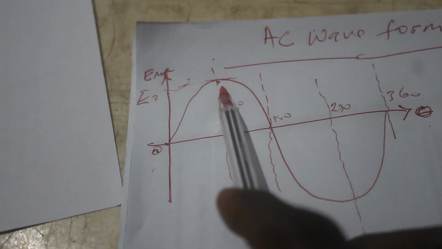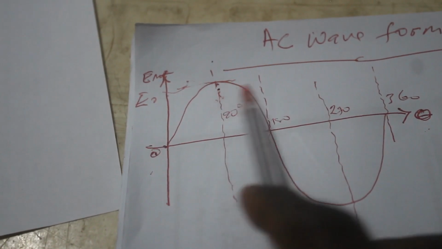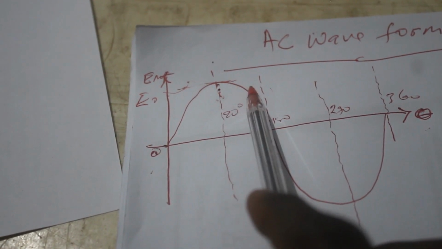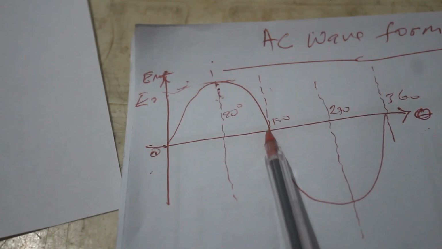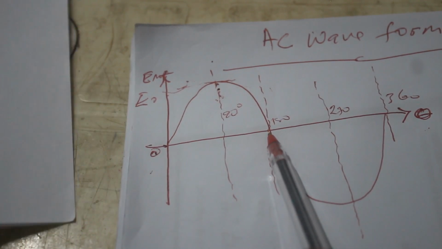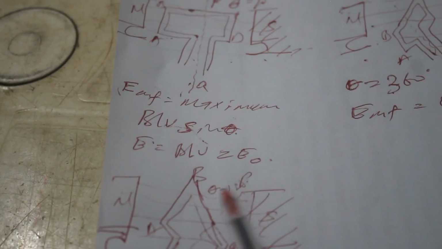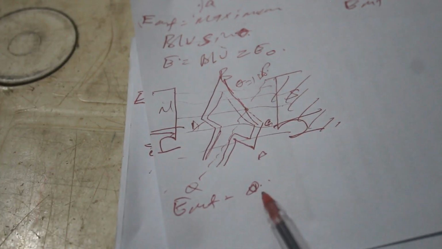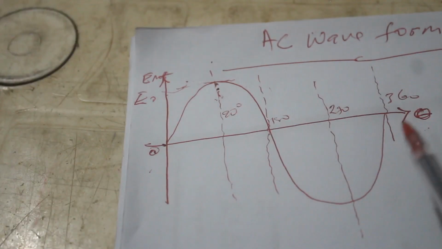And then as you continue to move from the phase angle 90 degrees to about 180, it begins to decrease until it finally comes to 0 at 180 degrees. Minimum again. When theta is 180 degrees, EMF is 0 volts.